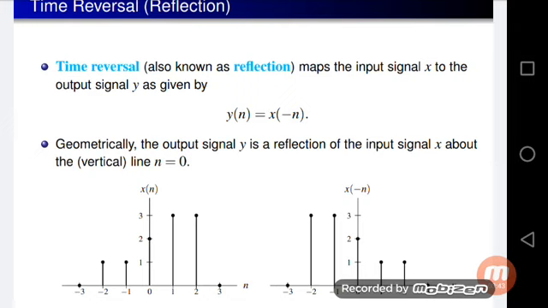That means by using time reflection, y of n equal to x of minus n. That means the input and output waveforms are different.